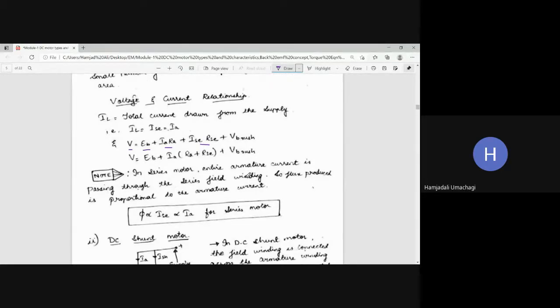Now, as I told you, phi is directly proportional to Isc, but Isc is equal to what?